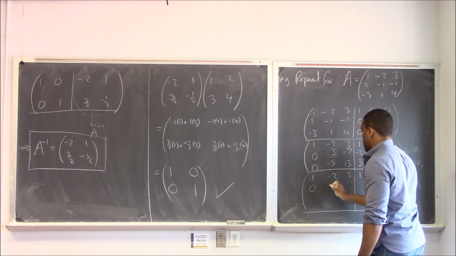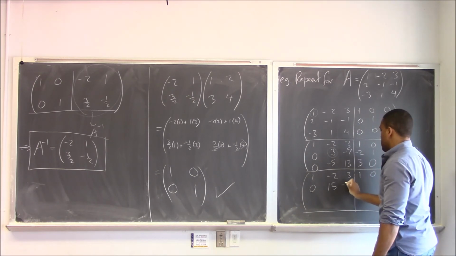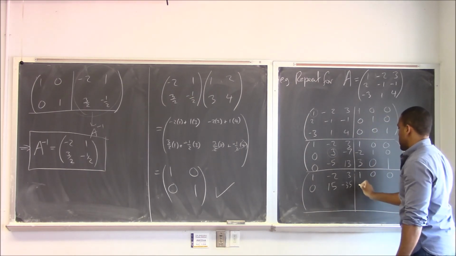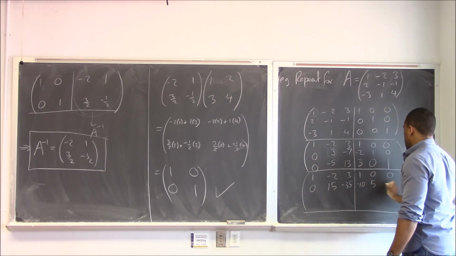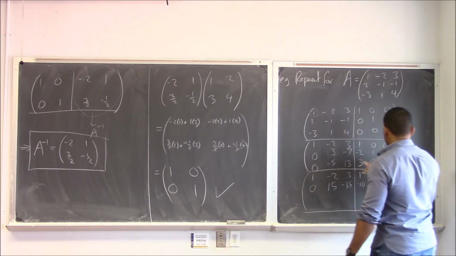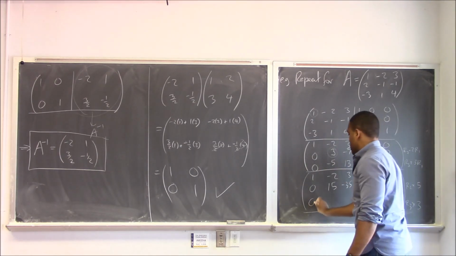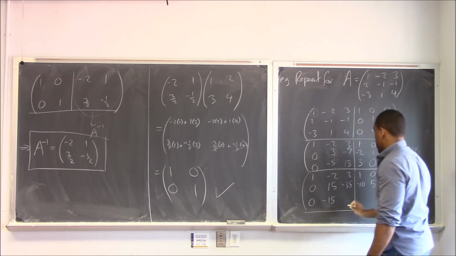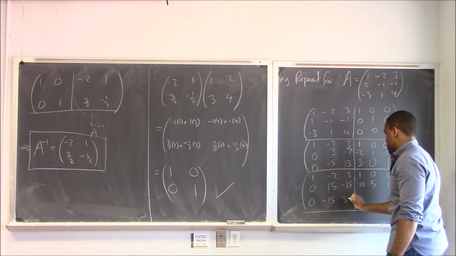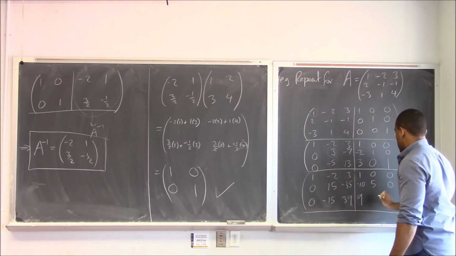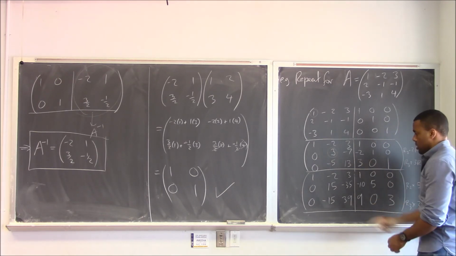That's 0. 5 times this is 15. 5 times that is minus 35. 5 times that is minus 10. 5, 0. Multiply this by 3. 0. 5 times that is 3 times that. 3 times this. 3 times this. 3 times this. 3 times this. These guys are the same.